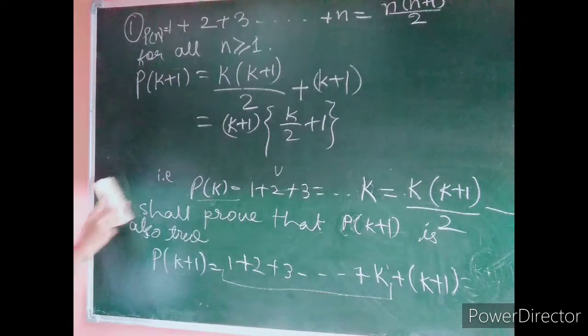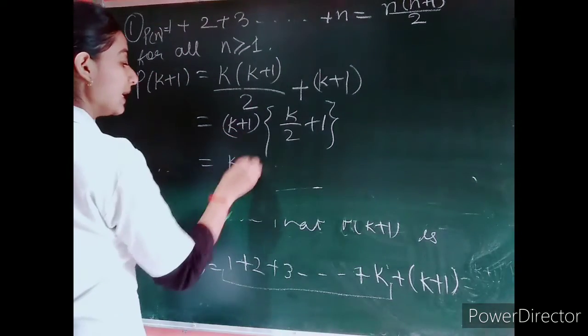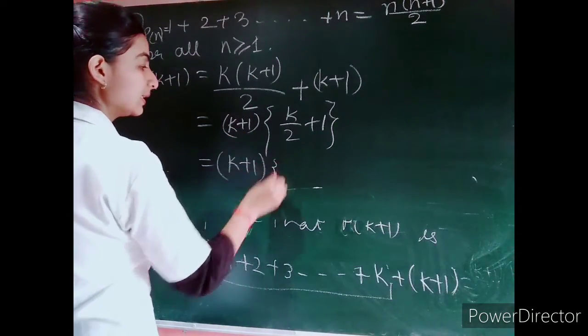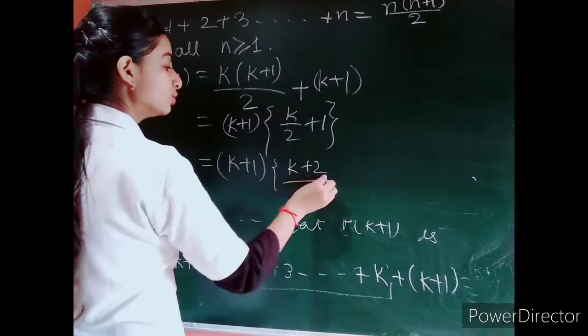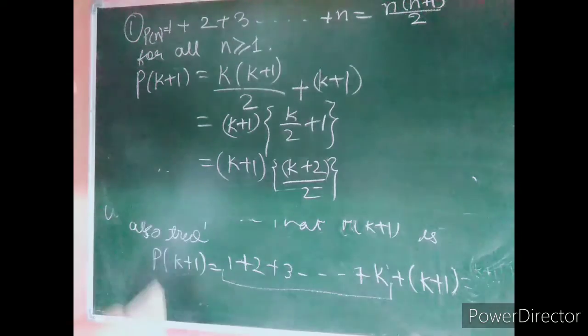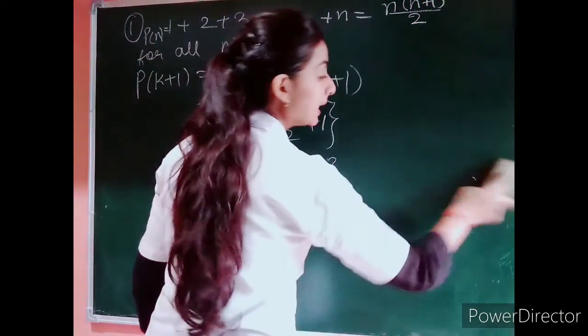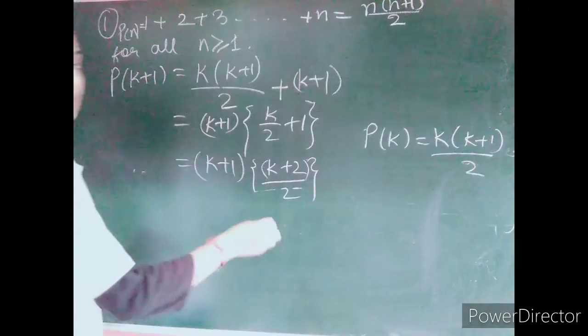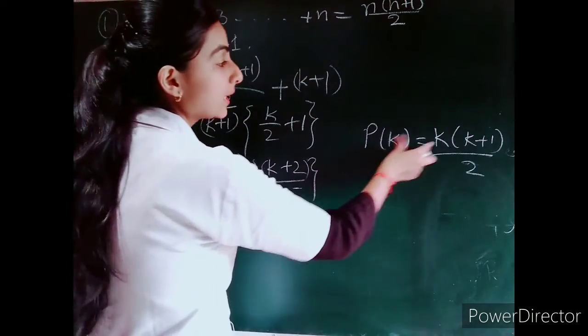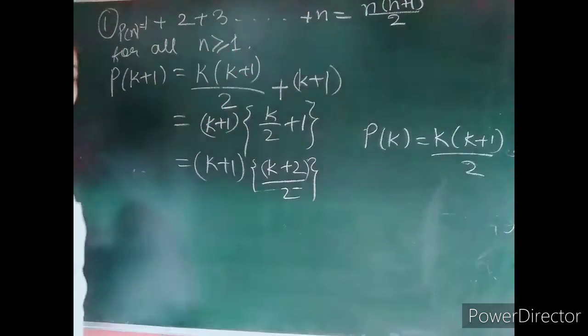Now we get k plus 1 into k plus 2 upon 2, which is similar to what we have put in Pk, that is our equation number 1.